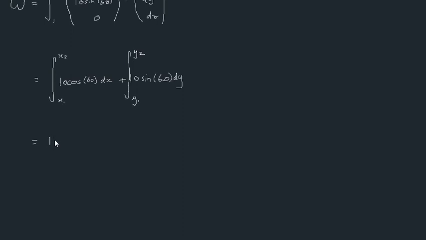This becomes 10 cosine 60, should really evaluate that cosine 60 soon, times x2 minus x1, plus 10 sine 60 times y2 minus y1. And you know what, I will actually write the plus 0 dz here, so you know I'm not fudging anything.